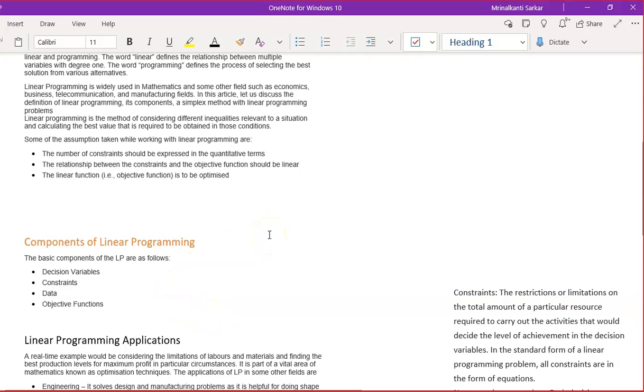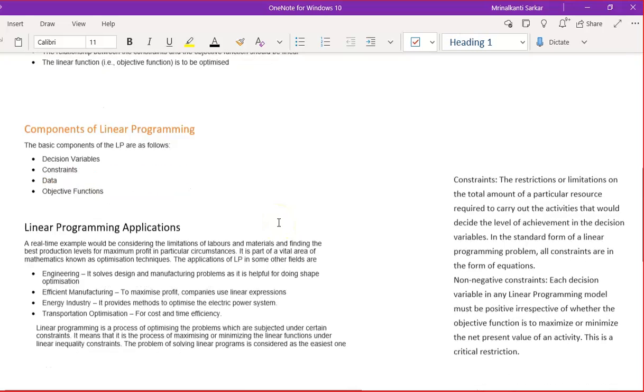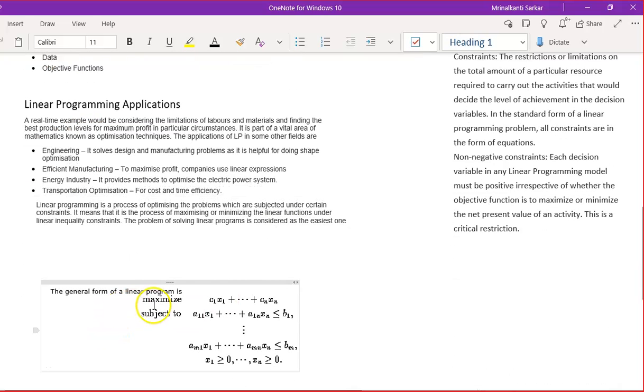Basic components of linear programming problem are like this: decision variables, constants, data, and objective function. Decision variables whose maximized or minimized value will help you to maximize the profit or minimize the cost. I'll give you an example. The general linear programming problem will be like this: maximize or minimize this objective function.